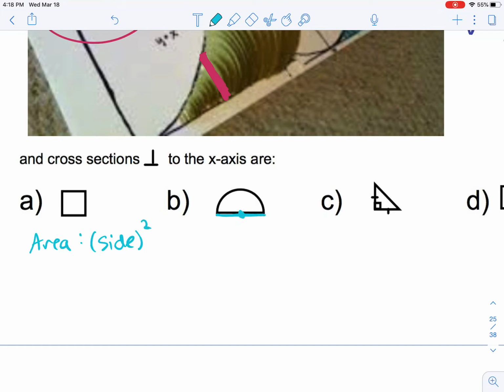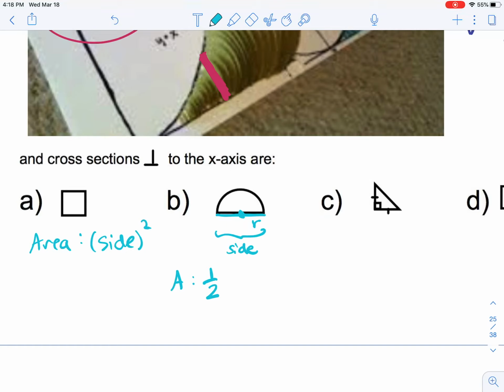Now, if you have a semicircle, this is the one that's kind of weird. You have the semicircle in your region. I know you know the area of a circle is pi r squared, but notice that r is half that rectangle length. So I'm going to call the whole thing here the side.